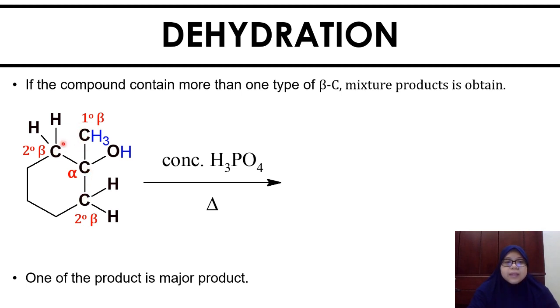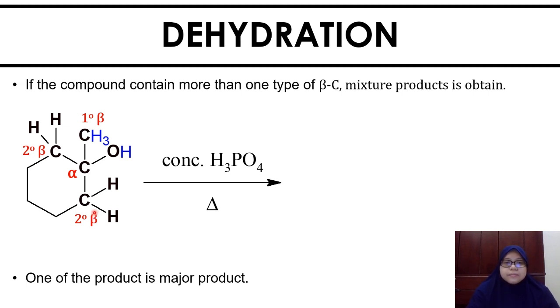We have three beta carbons. One is primary beta carbon, and the other two are secondary beta carbon. So right now we have two types of beta carbon: primary beta carbon and secondary beta carbon. When we have two types, it means that we will produce two products.